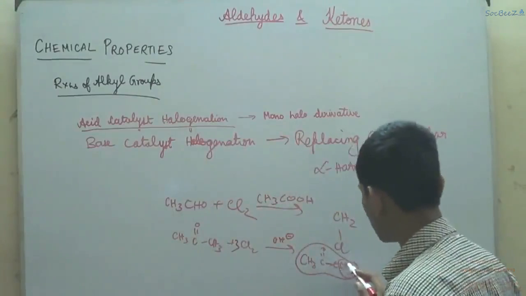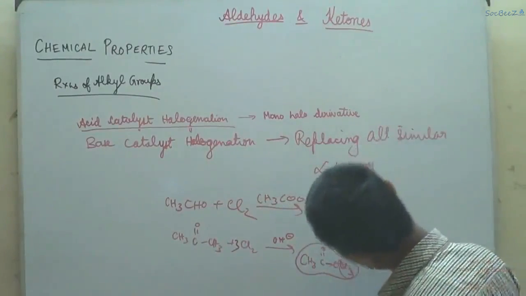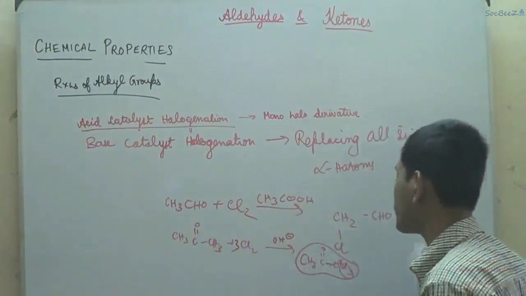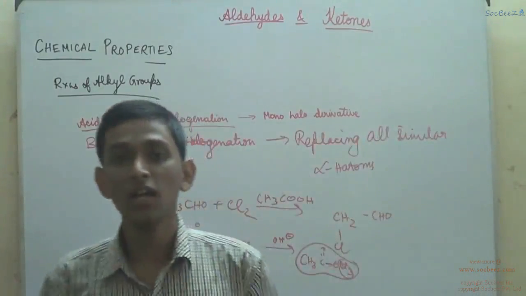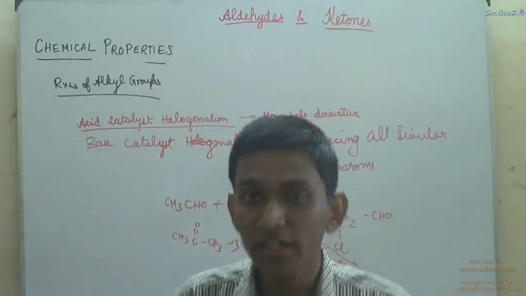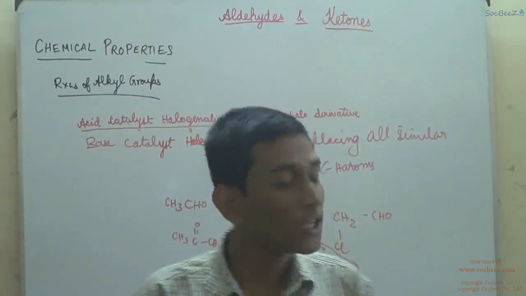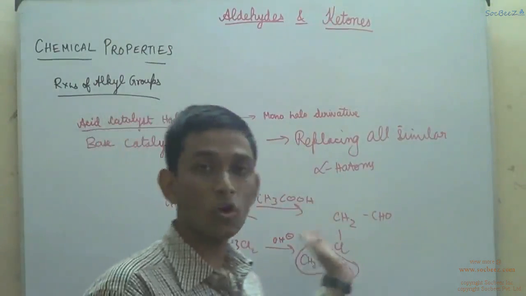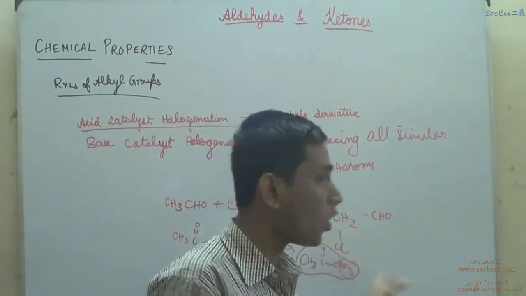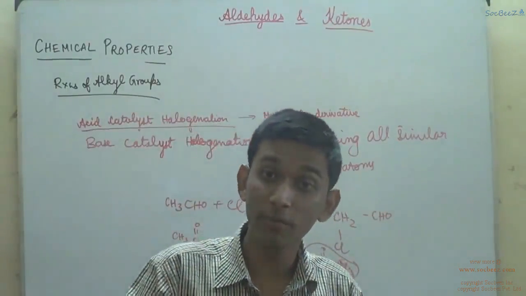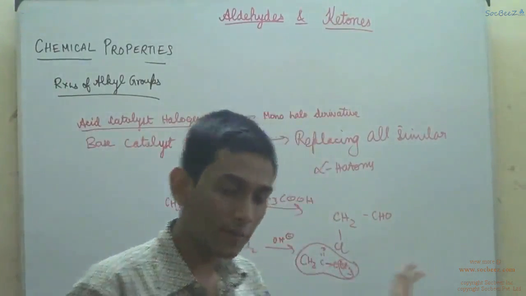That means once it starts replacing here, the second time also it will replace here, third time also it will replace, fourth time also it will go on replacing there. Because once one chlorine is attached, its affinity to take more is increased, and so the chlorines go on adding here till all the hydrogen atoms of the same nature are replaced.